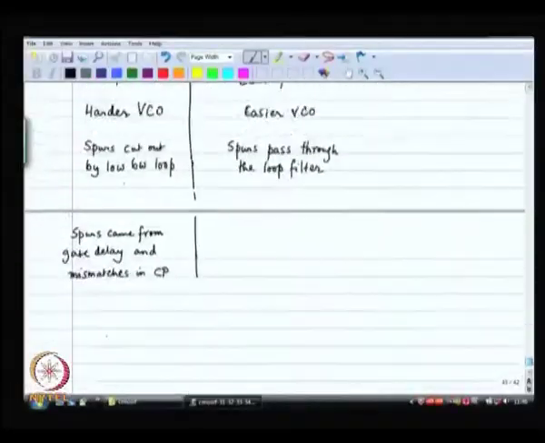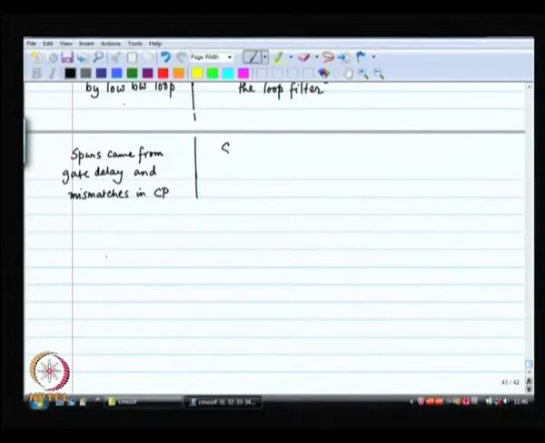That is how we did it. So, that is where the spurs came from. So, the spurs in the fractional n are systematic. They have nothing to do with mismatches, they have nothing to do with gate delays, etc. They are systematic, which of course means that these spurs are once again going to be much larger.